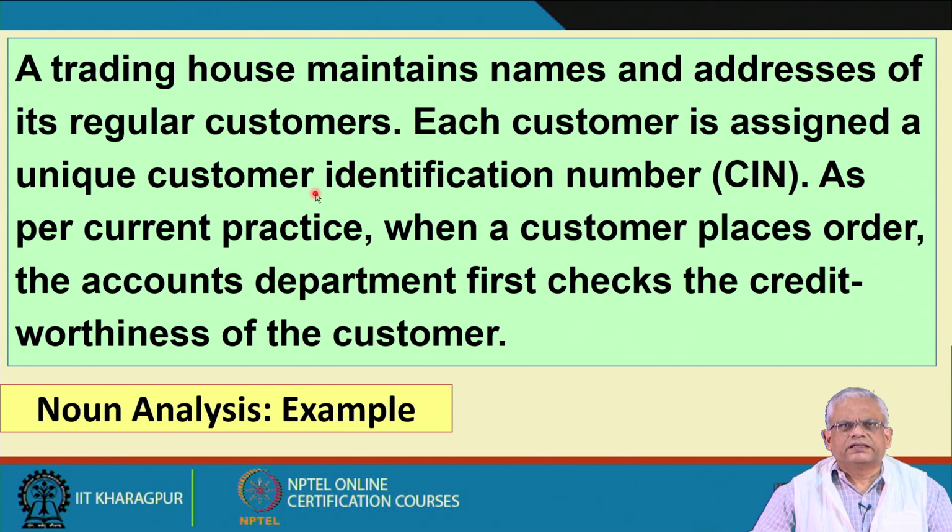Each customer is assigned a unique customer identification number or CIN. As per current practice, when a customer places an order, the accounts department first checks the credit worthiness of the customer.